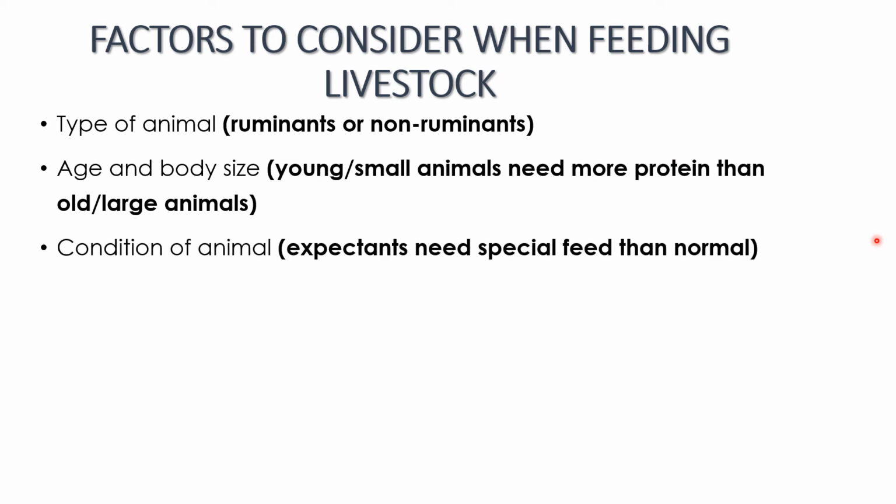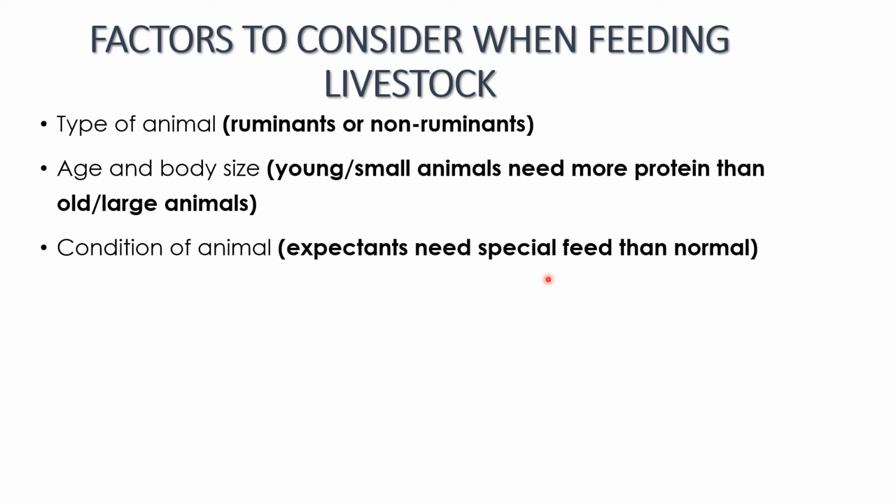Another factor we will need to consider when feeding livestock is condition of animals. Are the animals expectant? They want to give birth. Are they on flush? Or they want to conceive?